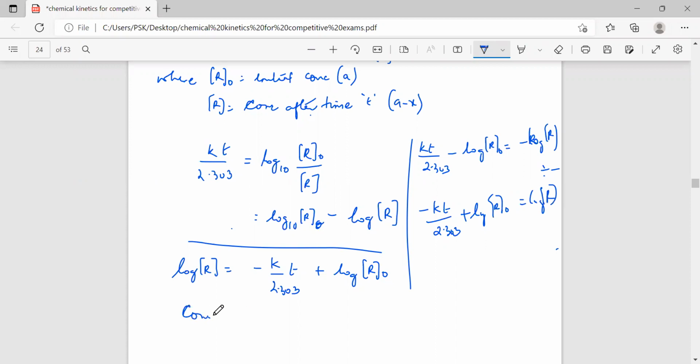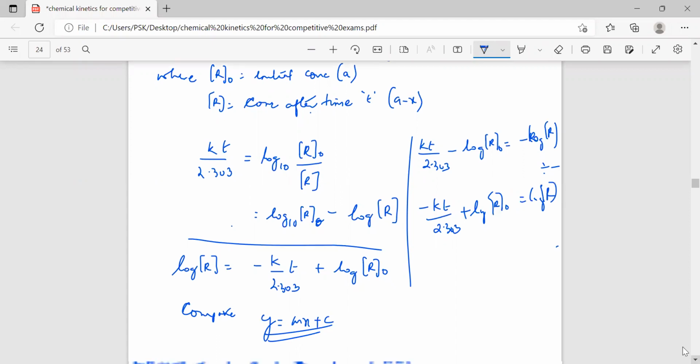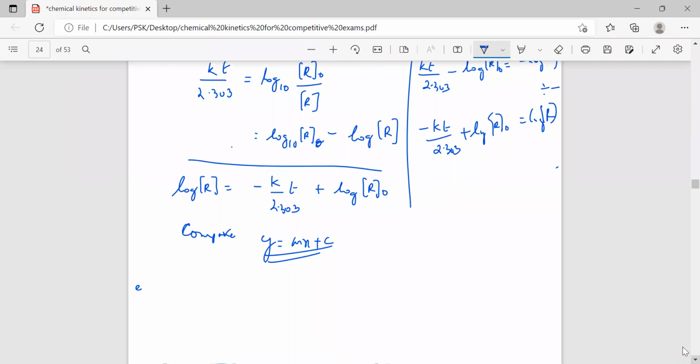Yes, sir. This is in the form of the equation y is equal to mx plus c. This is the equation for what line? It's an equation for a straight line. Yeah, y is equal to mx plus c.